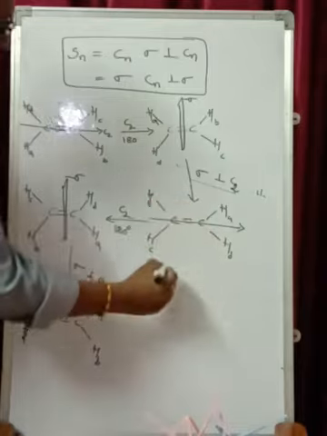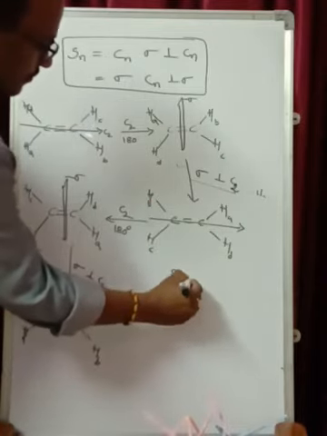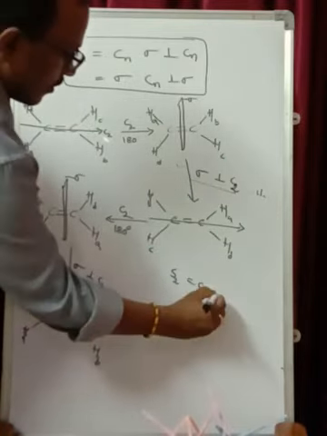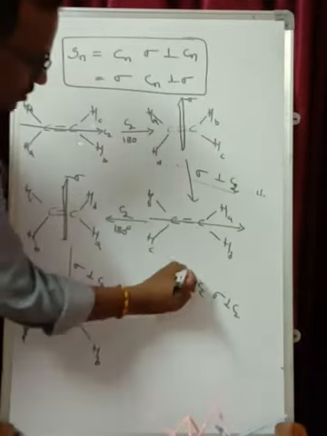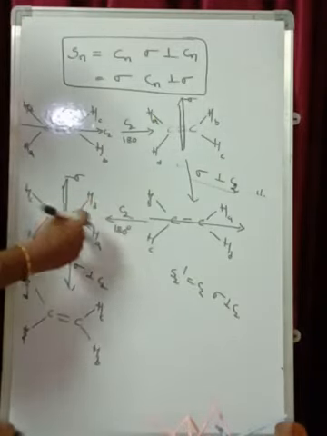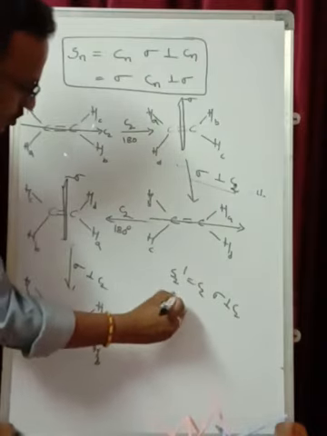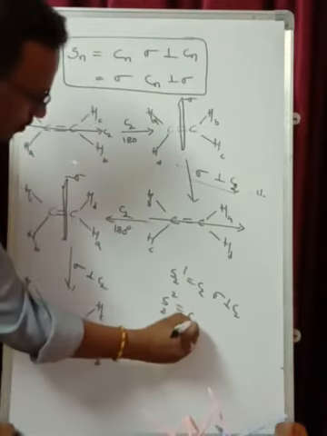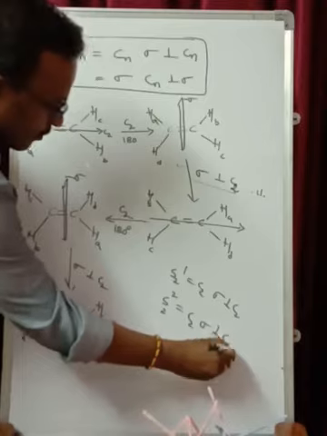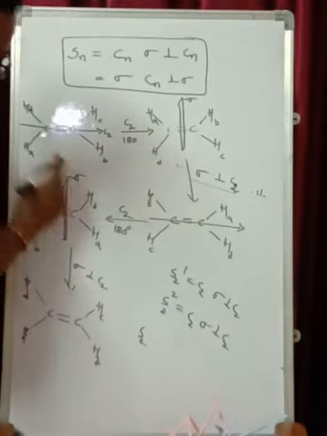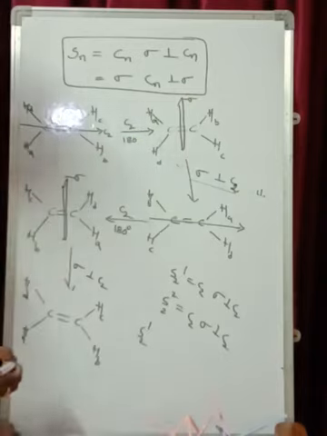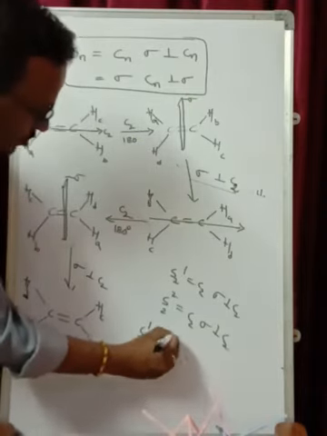That is, in the first case, S2 gives you C2 followed by sigma perpendicular to C2. This is called S2^1. Again it has been repeated. S2^2 we call it as C2 followed by sigma perpendicular to C2.